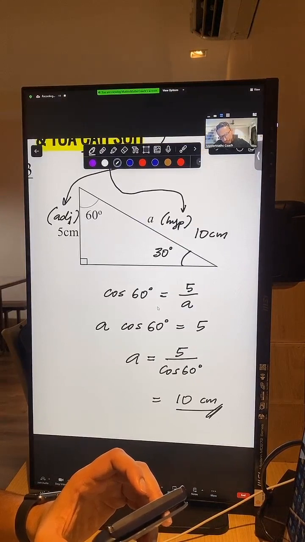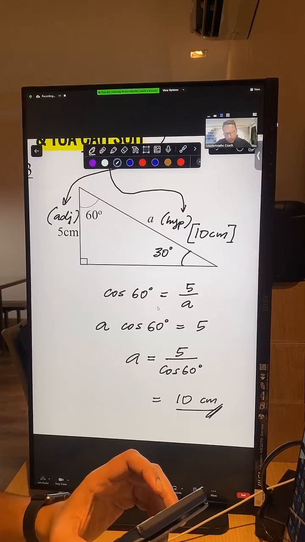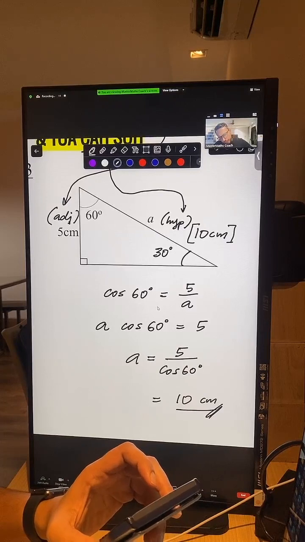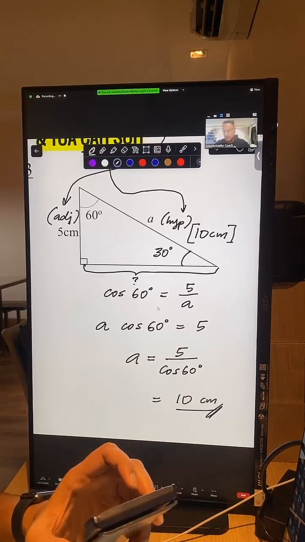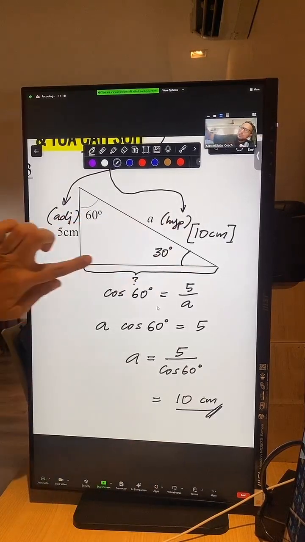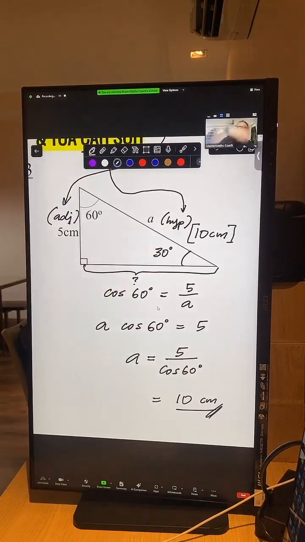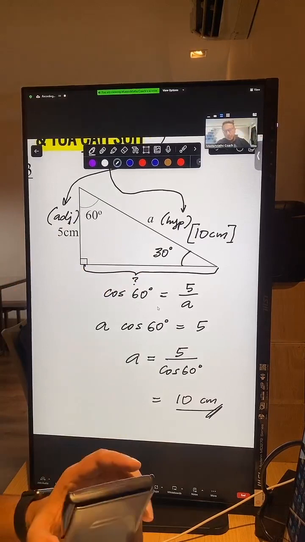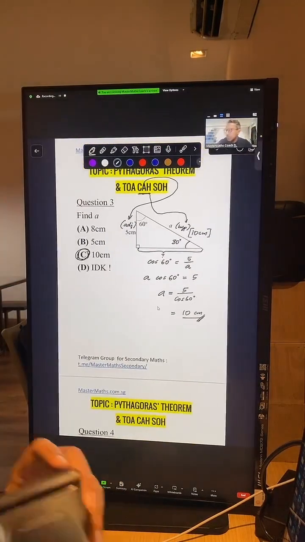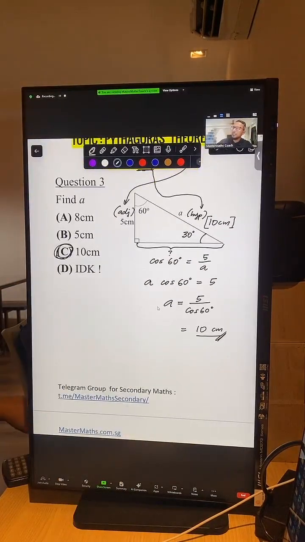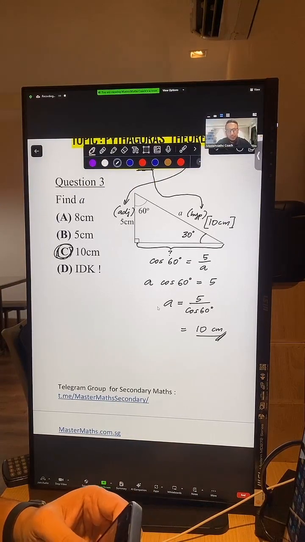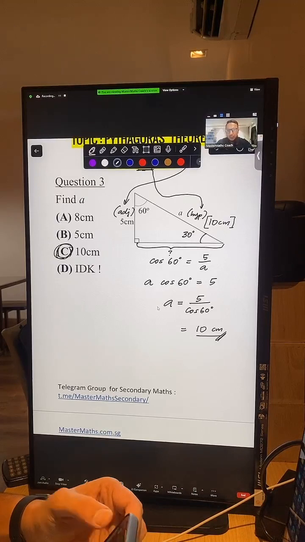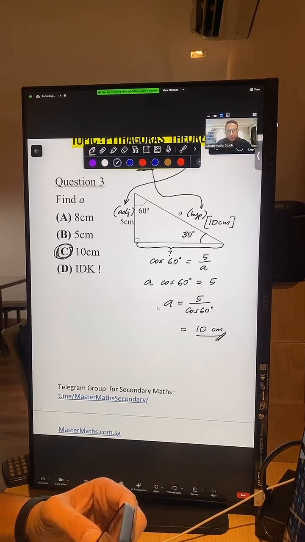Let's make this a bit more challenging. To everybody at home, can you all tell me what this side will be? What is this side going to be? I let you decide how you want to find it. Tell me the answer inside the comments. Still at question 3, we are expanding question 3.